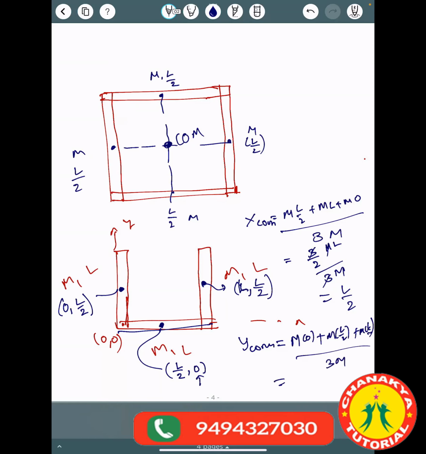So the upper one will be ML by 2 plus ML by 2 will be ML. So ML by 3M, so it is L by 3. So it will be somewhere here, okay, L by 2 comma L by 3. Understood everyone? Yes, sir. Yes, sir.